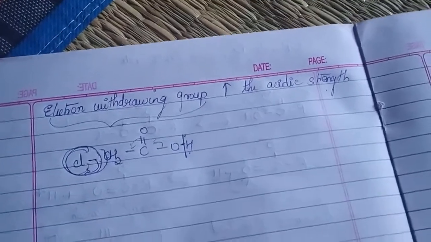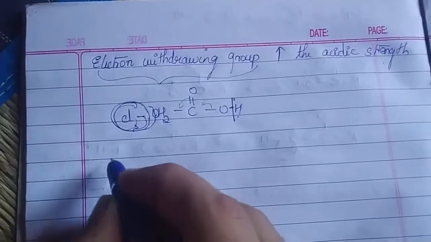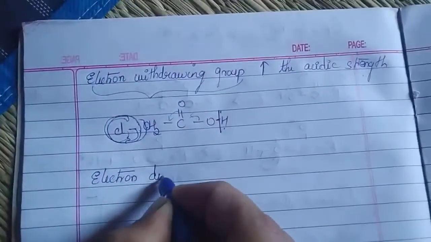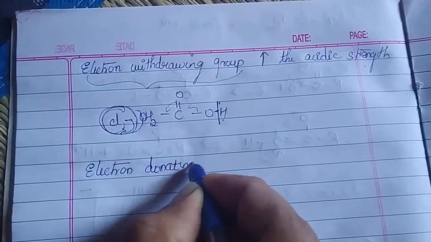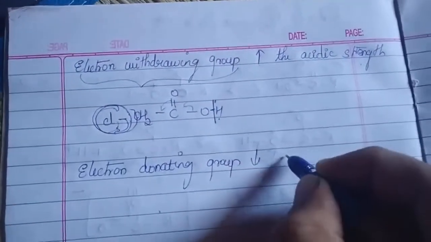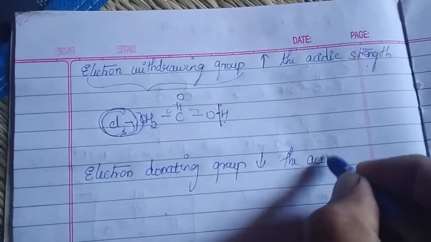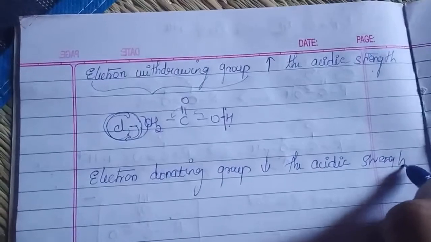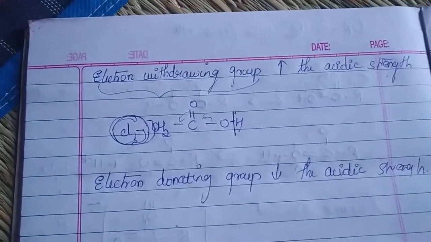In the meanwhile, remember, an electron donating group decreases the acidic strength of your carboxylic acid.